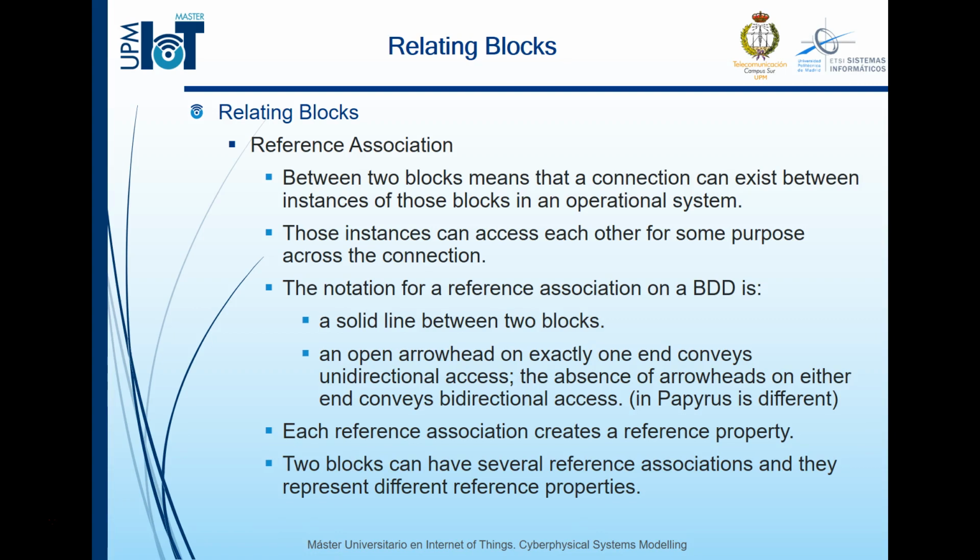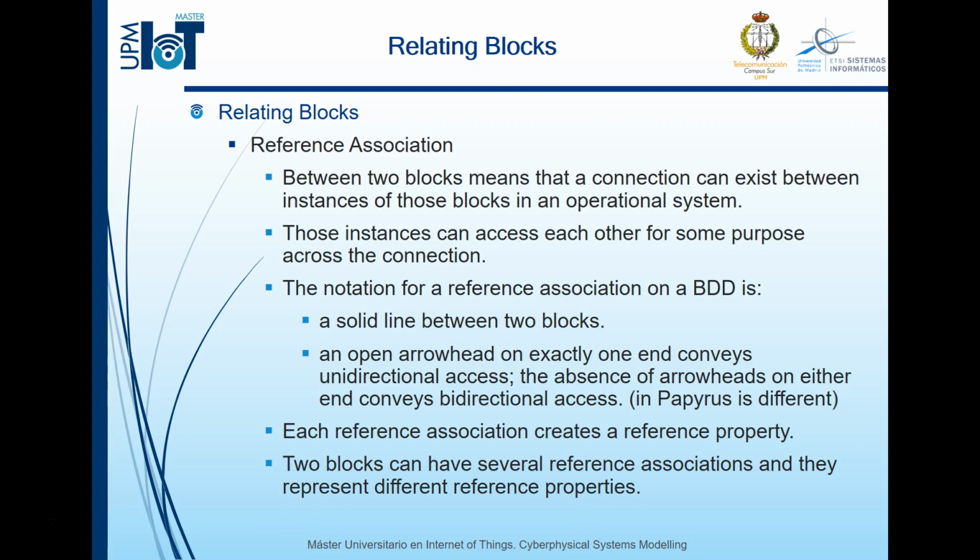What is the meaning of this kind of association? As in the composite case, each reference association creates a reference property. That means on the ends of the association, we assign roles, that means names, and this is the name of the property.